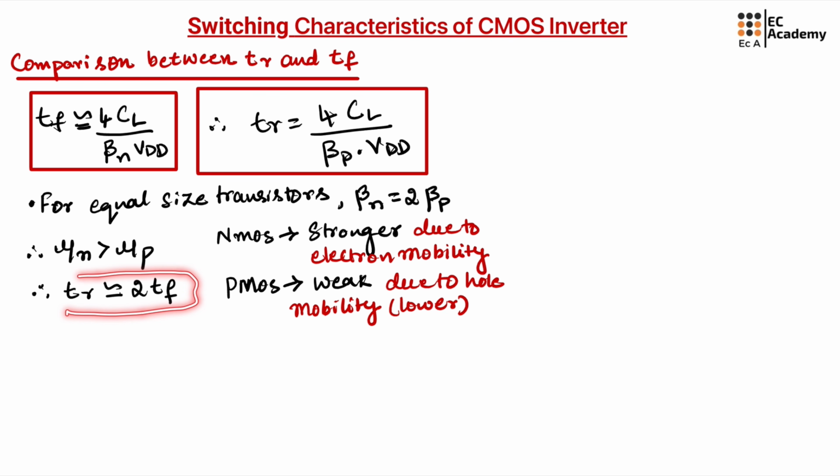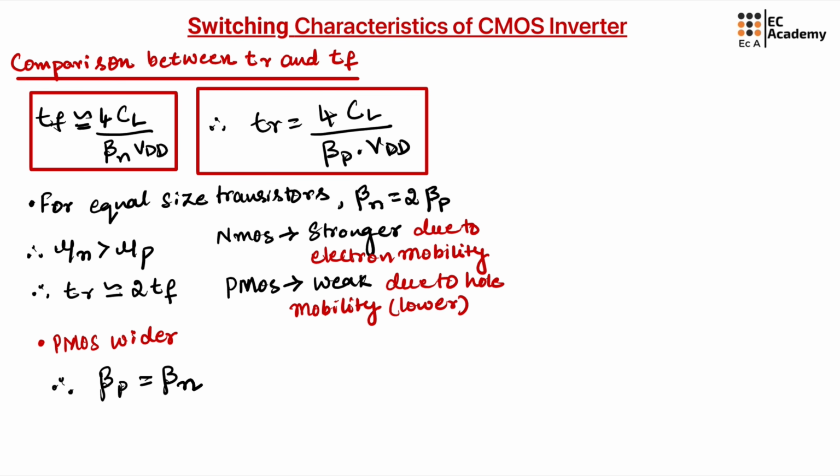Now we want to make this rise time and fall time approximately equal. So how can we do this? We need to make PMOS stronger by making PMOS wider. So we make PMOS wider. Therefore, the balancing condition will be beta P should be equal to beta n. So to obtain this, a common design approximation is that we make WP approximately equal to 2 times Wn.